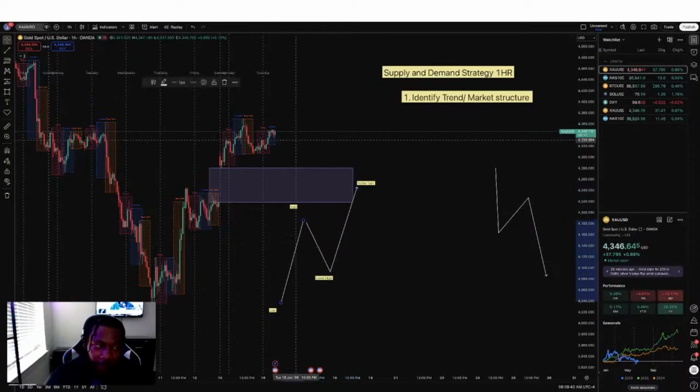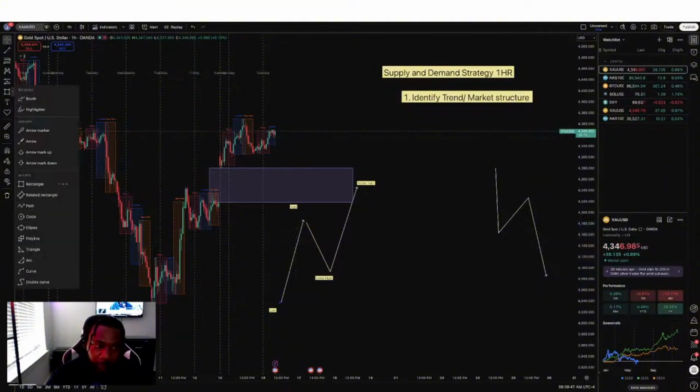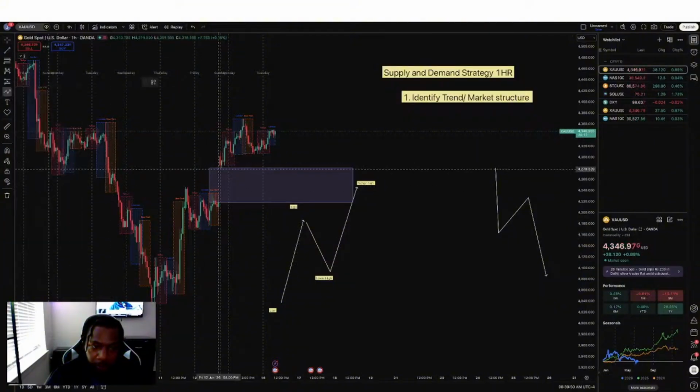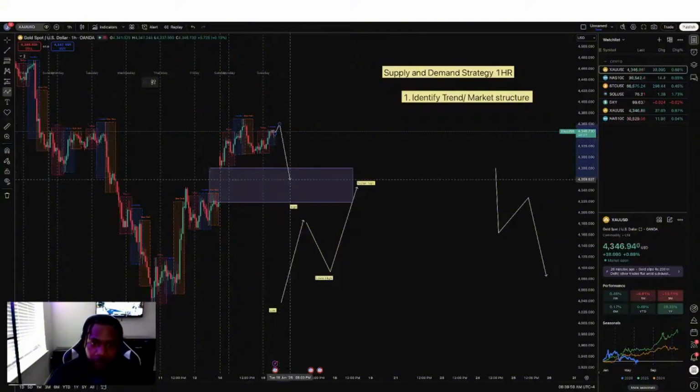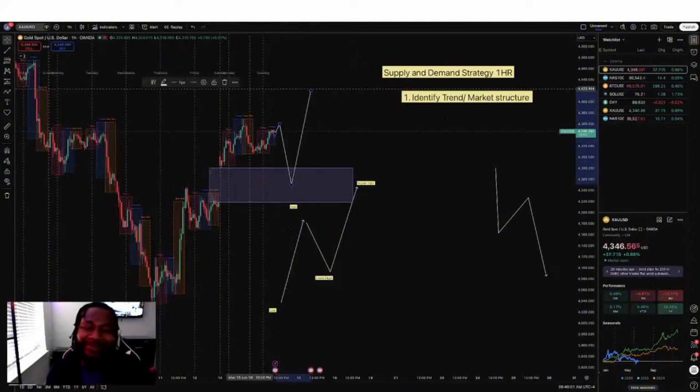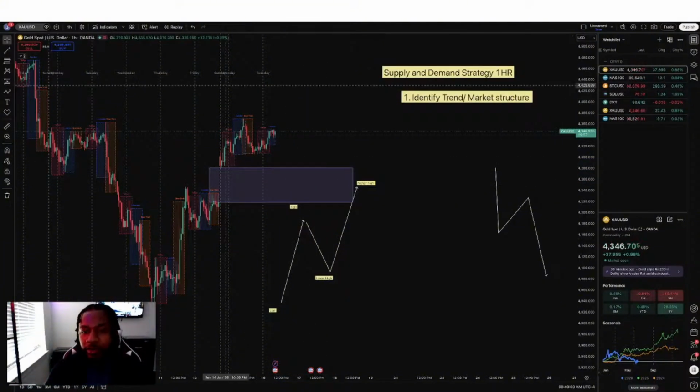Because basically what can happen is it's going up, going up, going up, boom, boom, boom. So what can happen is it can go like this and then try to go something like that. But yeah, so we want to identify the trend.